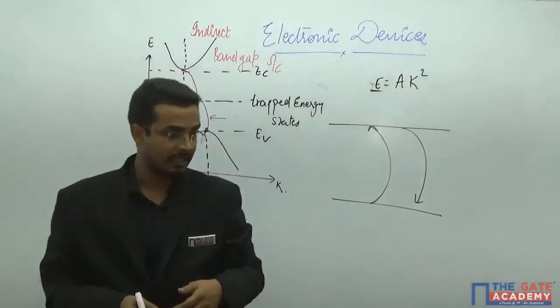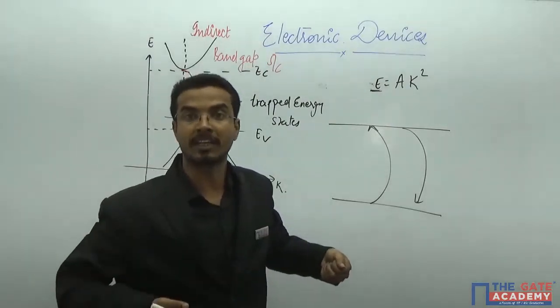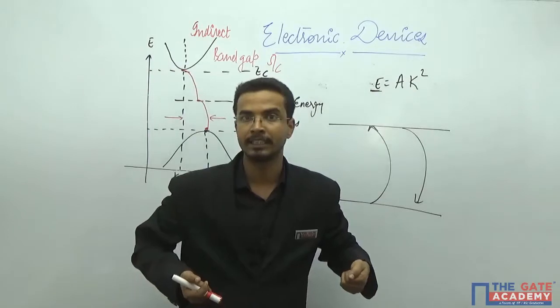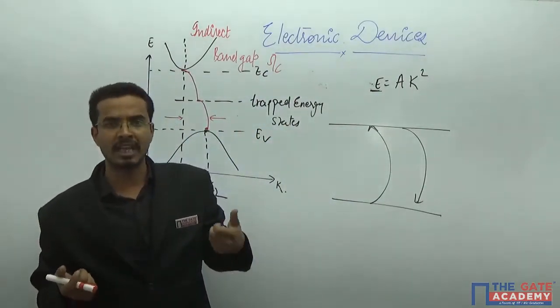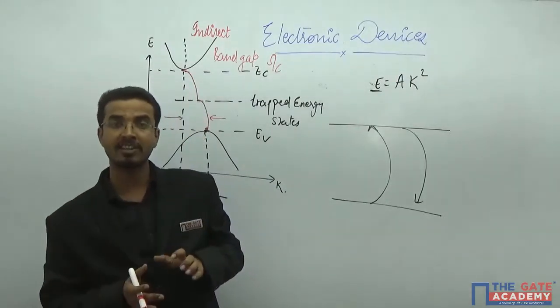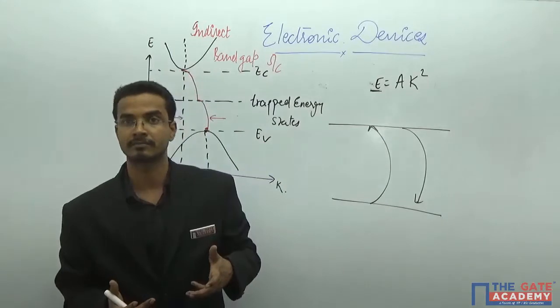If the velocity is reduced, definitely the lifetime of the charged particle will be high. Yes or no? And if the lifetime of the particle is high, the recombination will take place a little later. If the recombination takes place later, definitely those devices will become sluggish.